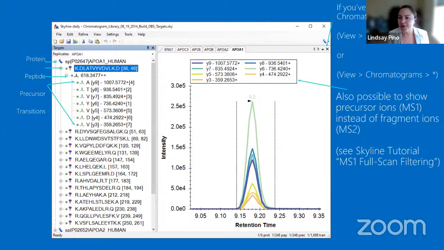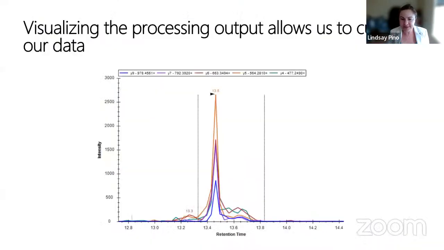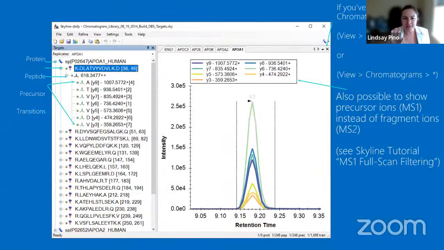Just to orient you, we looked at Skyline before, but this chromatogram is just one piece of Skyline. If you were to zoom out and look at the Skyline software itself, it looks like this. On the left-hand side, you have all of the targets. You have to have these targets in the document before you do anything else. Skyline needs to know what it's going to look for, right?